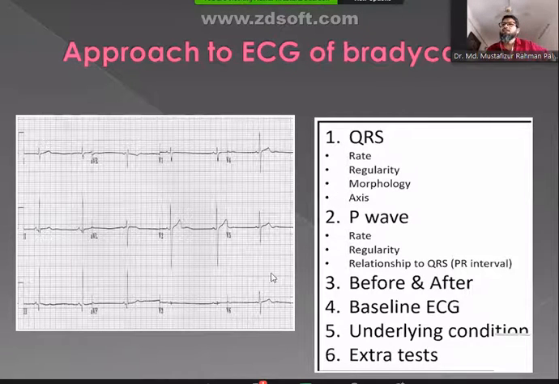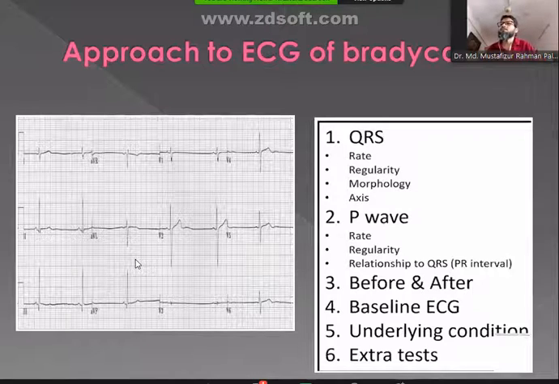The next one is before and after. Before the occurrence and after the occurrence, what is the rhythm, and what is the wave, whether it is a P wave or where it ends with the QRS complex. What is the scenario of the PR interval before the dropped beat or any occurrence, or after the occurrence. So before and after is a very important finding to diagnose bradyarrhythmia.